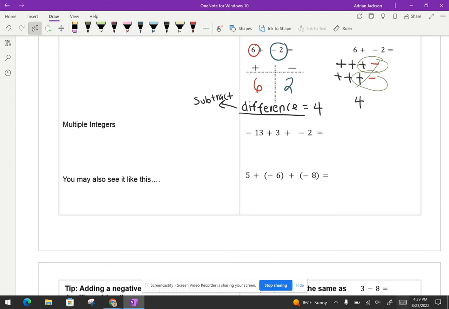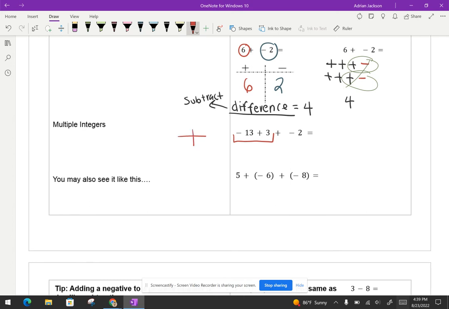We're also going to have some problems that have multiple integers, and I would just take these step by step. I'm going to start with the first part here, -13 plus 3, and deal with that first. If you need to, off to the side, write 13 negatives, or you could do your little chart here. I have 13 negatives, and I have 3 positives.